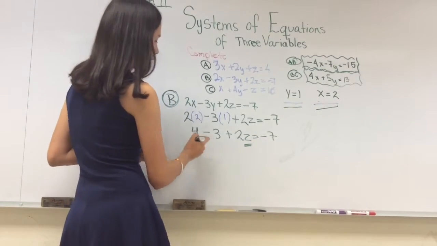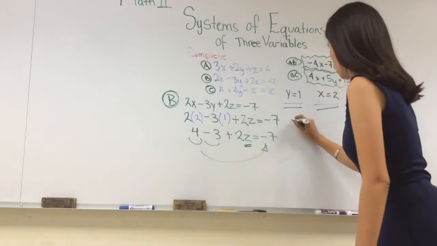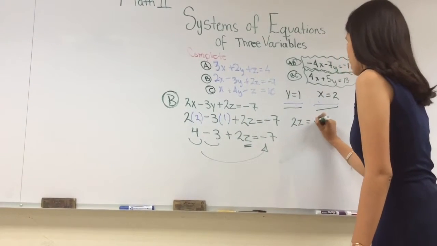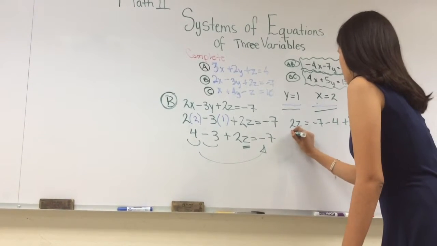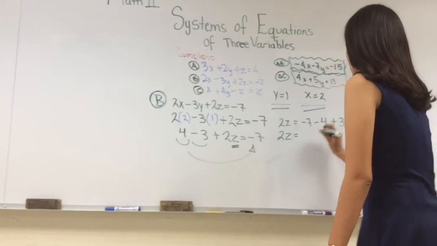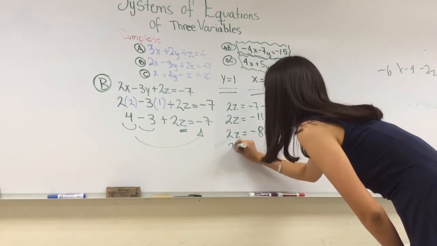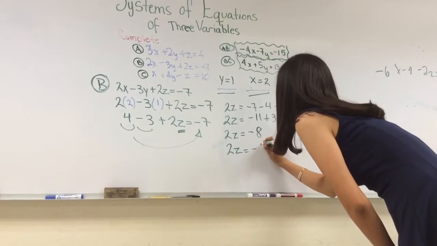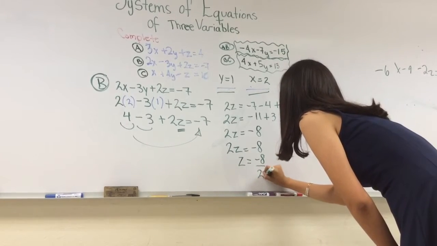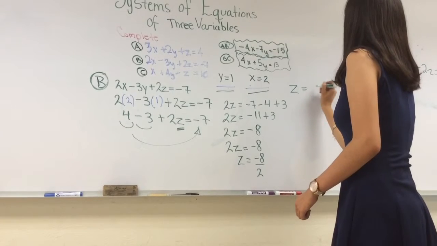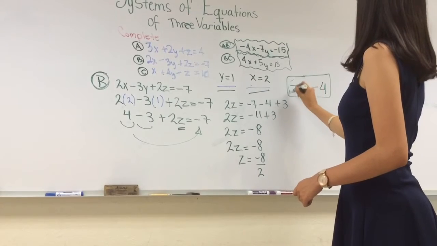So we're going to pass these values to the other side. So we're going to have 2c equals minus 7 minus 4 plus 3. So we have 2c equals minus 11 plus 3. And then we have 2c equals minus 8. c equals minus 8 over 2. c equals minus 4. And now we have our three variables.